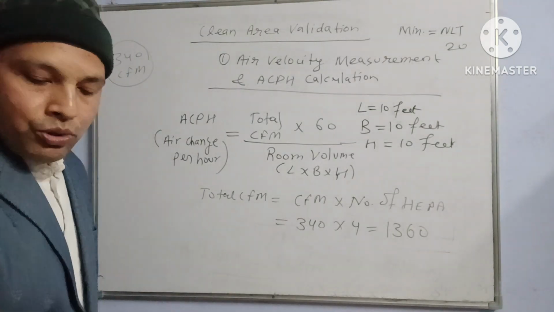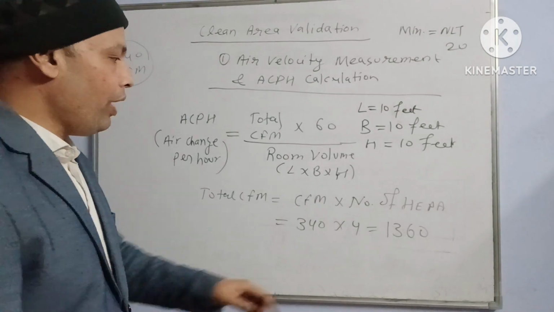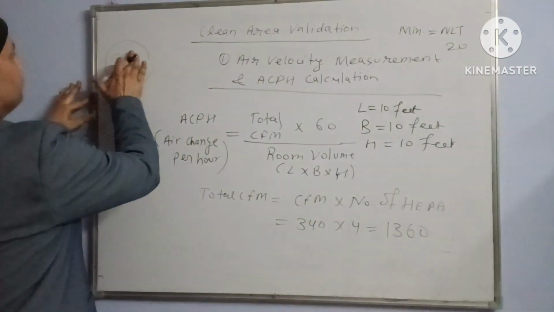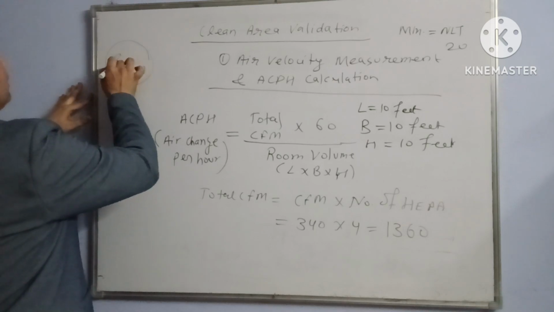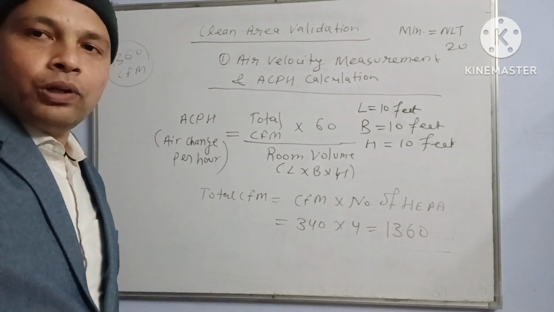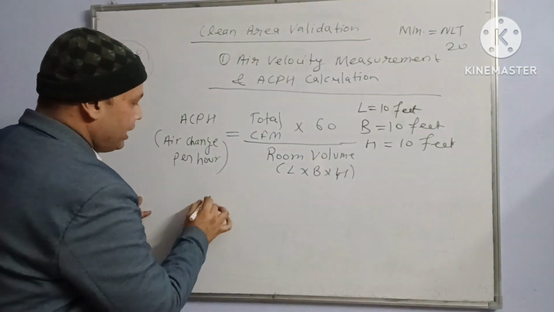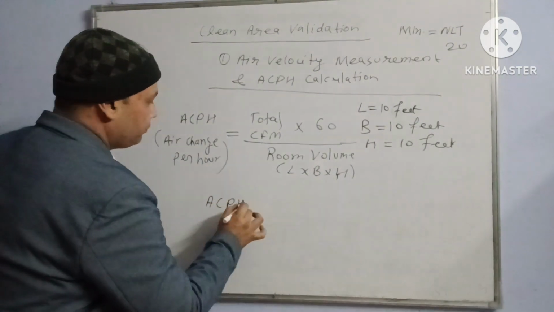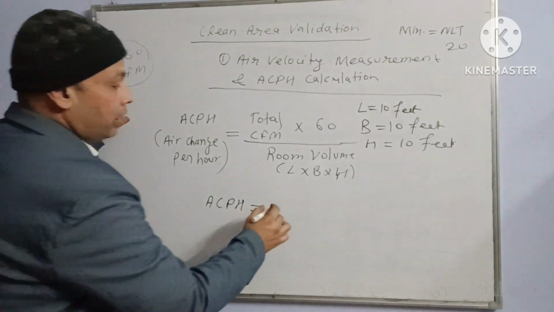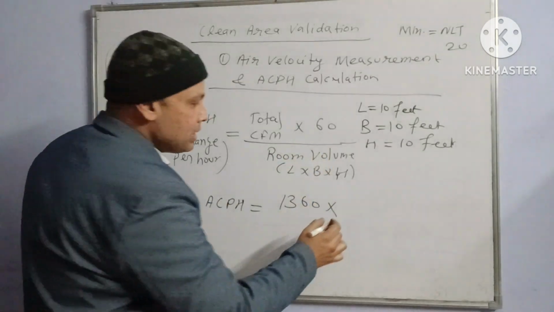Now by using this total CFM we will calculate the ACPH. I am noting here that the total CFM is 1360. Now we will calculate the air change per hour, ACPH. We take the total CFM of 1360 and multiply it by 60.